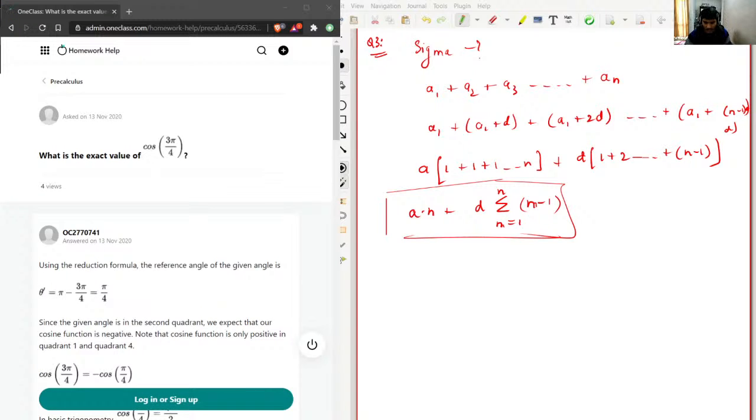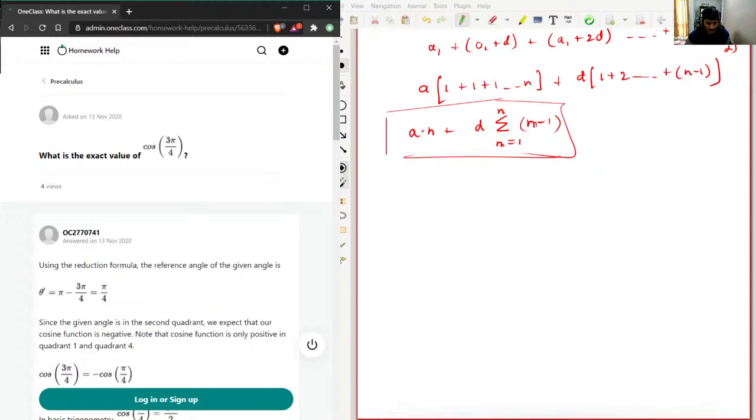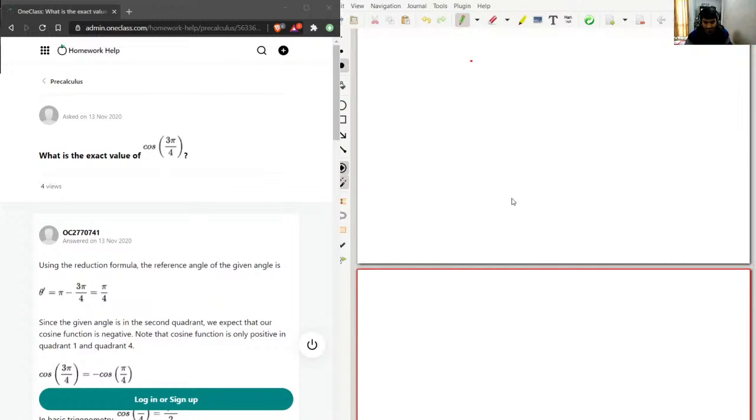Okay, so we have one more question. That is question number 4. So we need to find the exact value of cos 3 pi by 4.